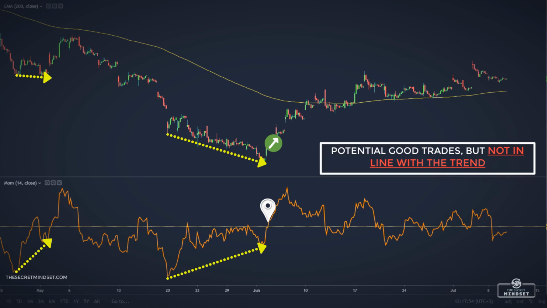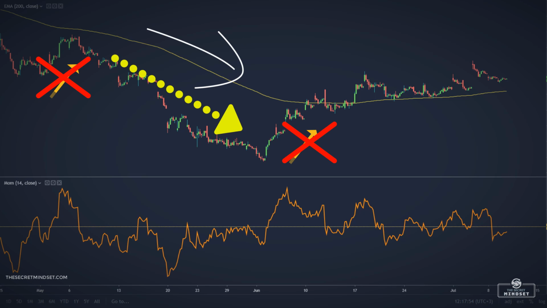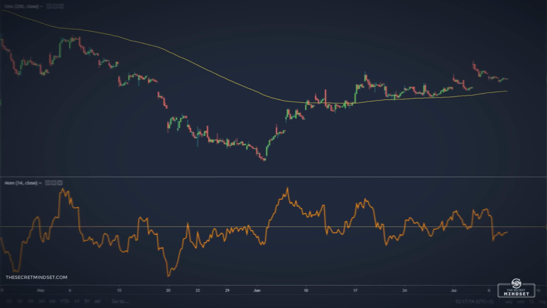I lost a lot of money entering counter-trend positions, and this technique will save you a lot of bad entries, which at the end of the day are contrary to the primary trend. I want to ride the main trend, and all the setups that occur in the opposite direction will be ignored.